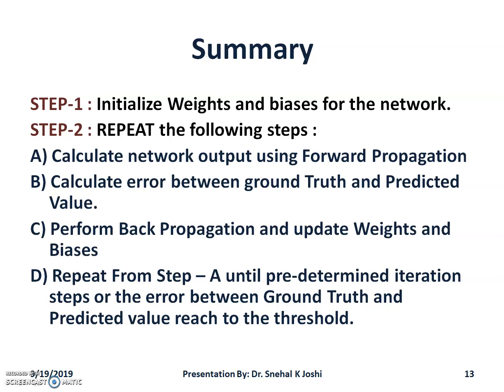C: perform back propagation and update weights and biases. And D: repeat from step A until a predetermined number of iteration steps or until the error between ground truth and predicted value reaches a particular threshold. Hope you understand the concept of back propagation.